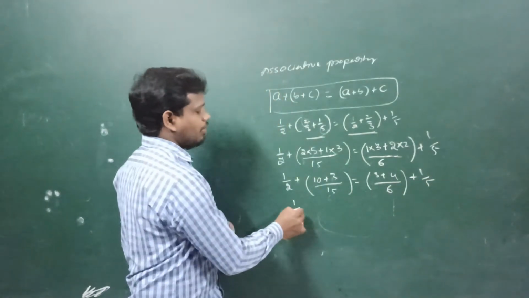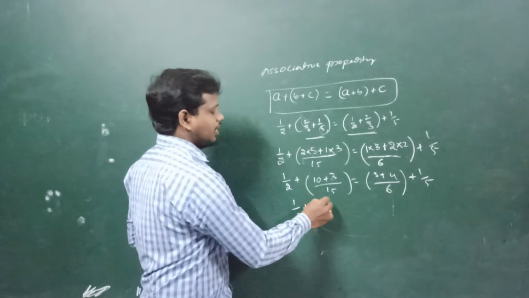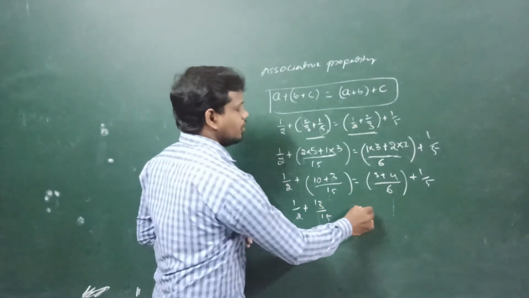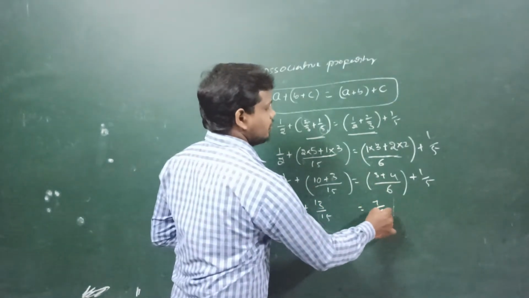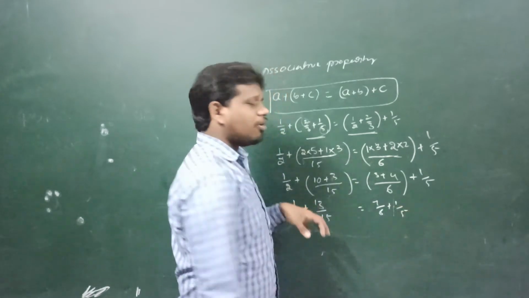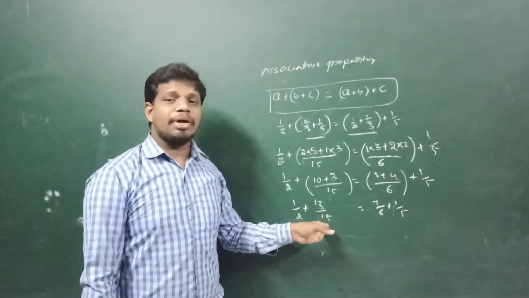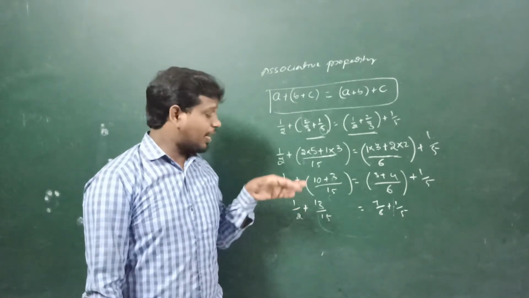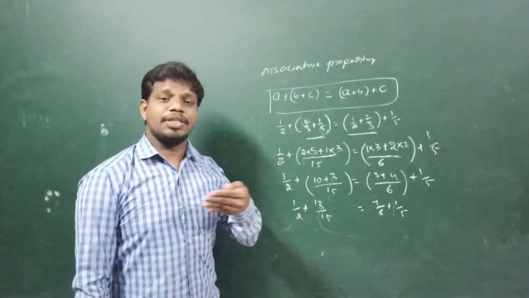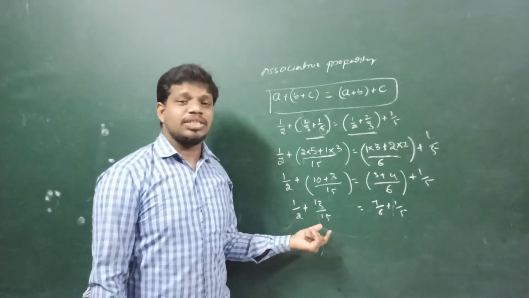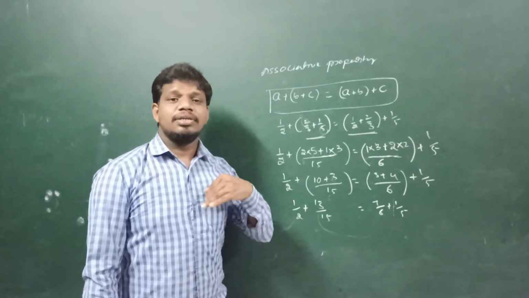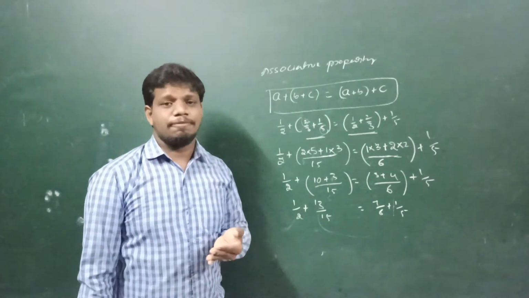So your 1 by 2 plus 13 by 15 equal to 7 by 6 plus 1 by 5. So now the bracket is completed, children. Then again we have to add these two fractions. Before adding, check whether the two fractions have the same denominators or not.